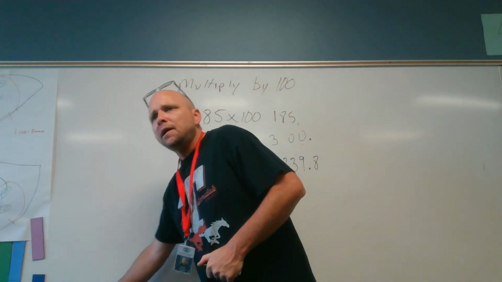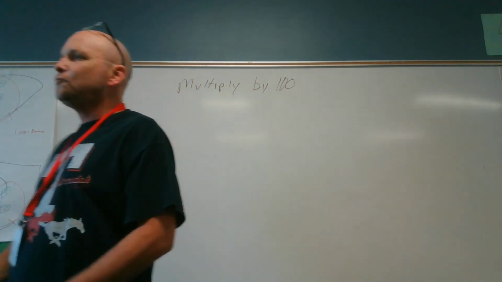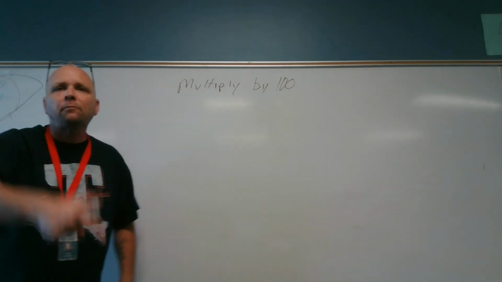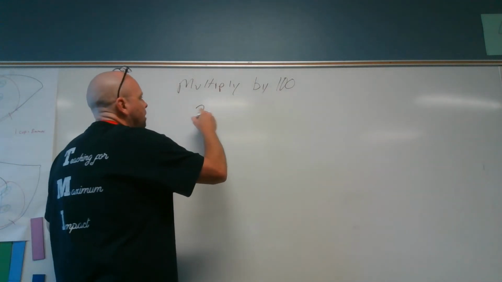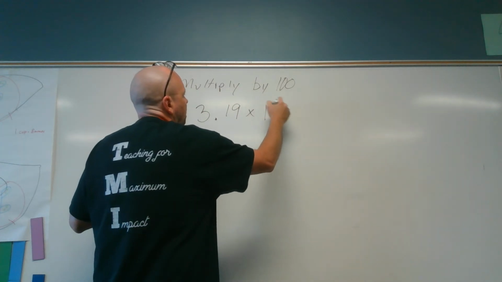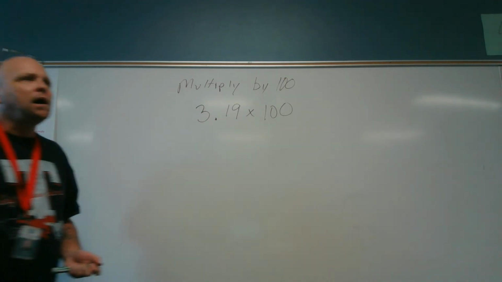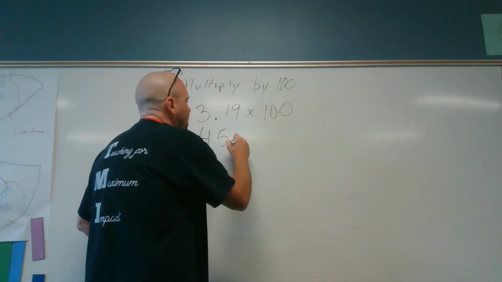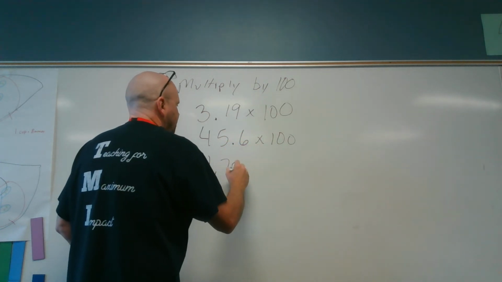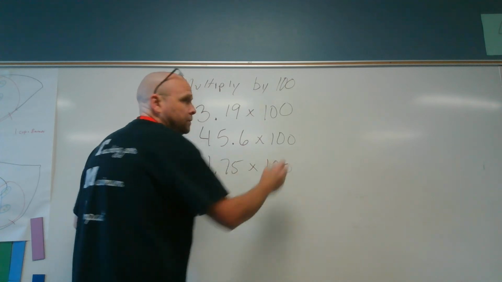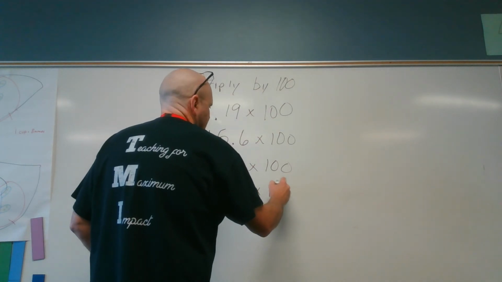All you're doing. Now let me randomly make up 5 problems that I'm reading from the sideboard that is due tomorrow. 3 and 19 hundredths times 100. 45 and 6/10 times 100. 1 and 75 hundredths times 100. 36 hundredths times 100.